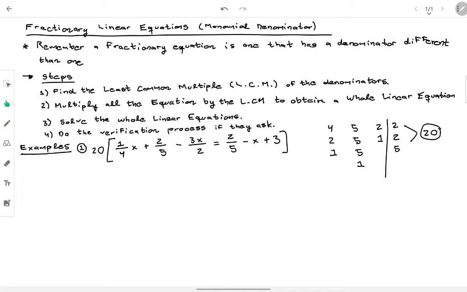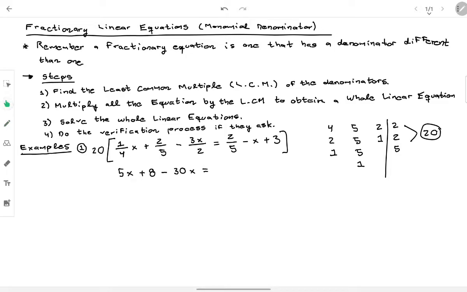So it's going to be 20 that multiplies every term in the equation. 20 multiplied by 1 over 4 is 5, 5x. The next one, 20 multiplied by 2 is 40, divided by 5, it's 8. The next one, 20 multiplied by 3 is 60, divided by 2, it's 30.